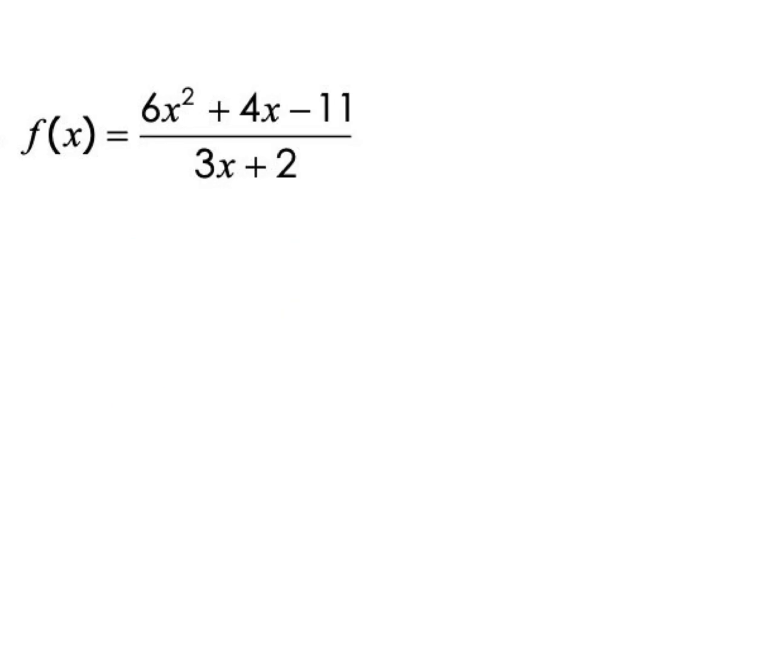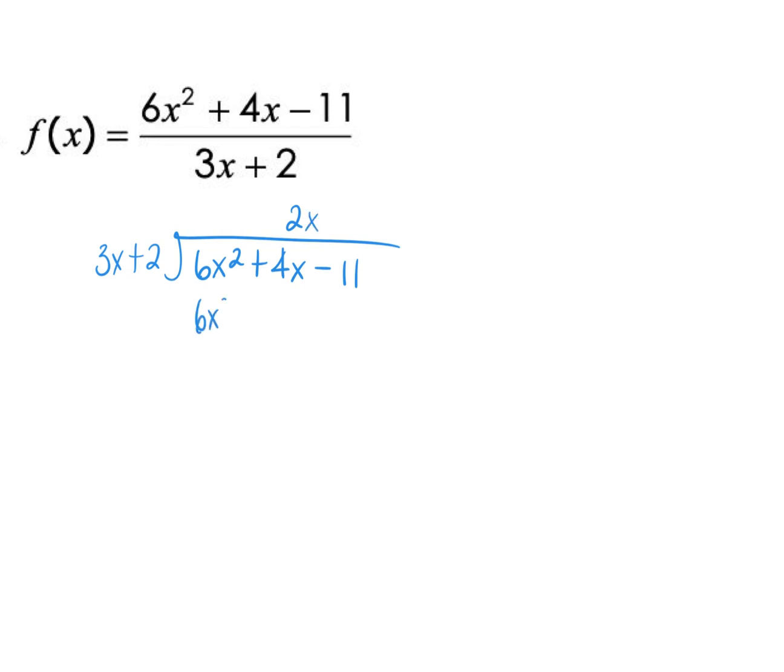Here we have 6x squared plus 4x minus 11 over 3x plus 2. And what I'm actually going to try here is I'm just going to do long division. All right, so 3 times 2 is 6, so we're going to multiply by a 2, and then we need an x.